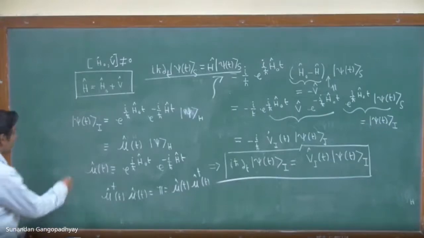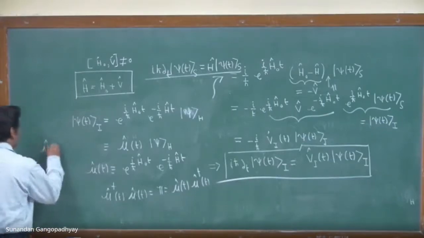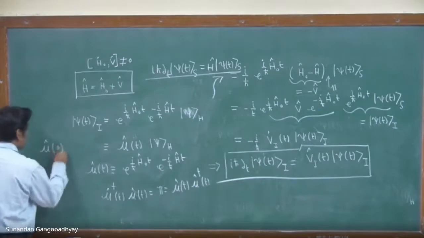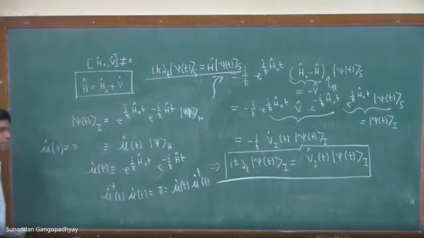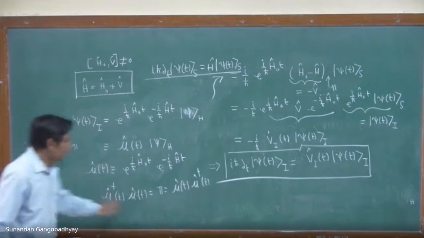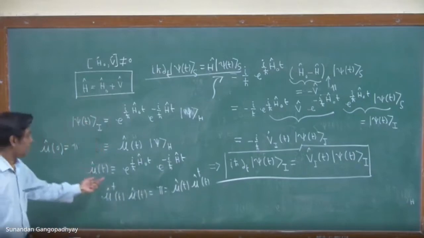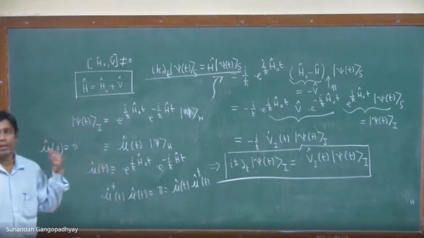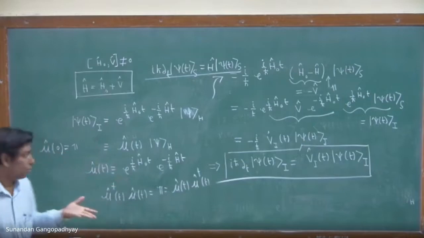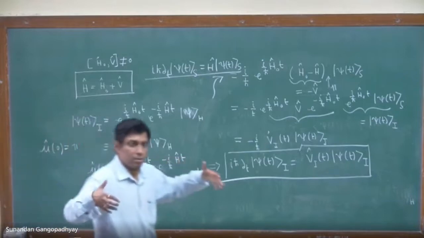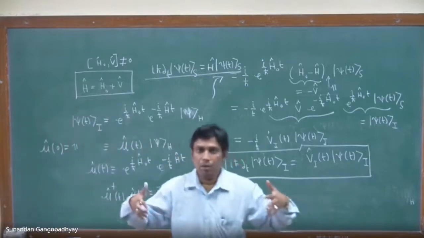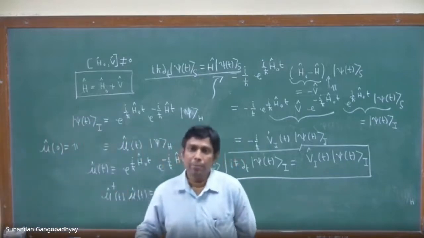And not only that, this operator U hat t satisfies, if I put t equal to 0, then U hat at 0 is identity. This is a unitary operator, and at time t equal to 0 it is an identity operator. And that is what it should be, because at time t equal to 0 all the representations, all the state kets or all the operators in different representations, match.